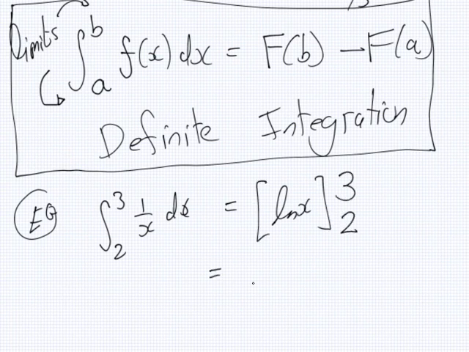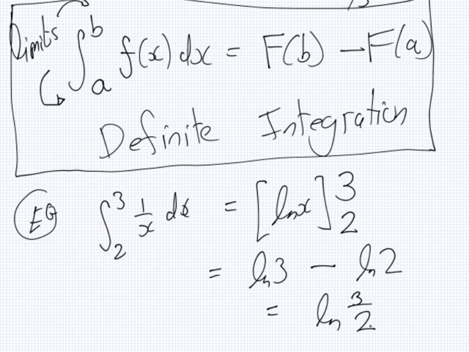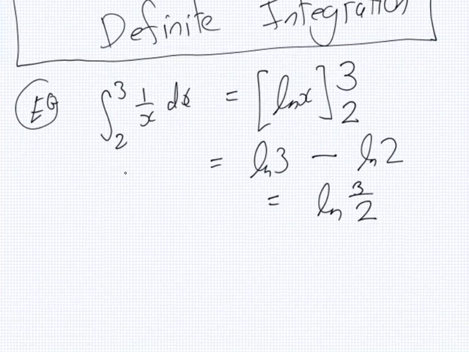First I put in the 3, then I put in the 2, and then I minus. What's log 3 minus log 2? It's log 3 over 2. Can you see? Simple, a simple continuation from the previous lesson.